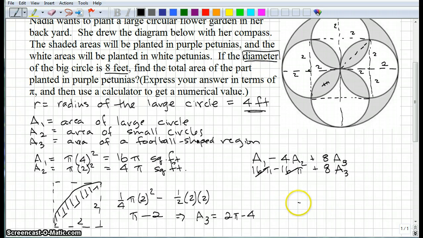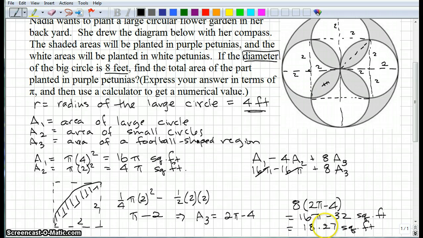The area that we're looking for is 8 times 2 pi minus 4, which is equal to 16 pi minus 32. And that's the number of square feet in this diagram that is shaded. If we plug that into a calculator to find a numerical value, I got 18.27 when I round to 2 decimal places, and that's in square feet.